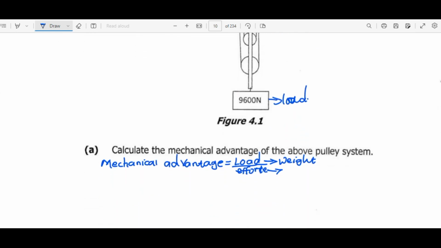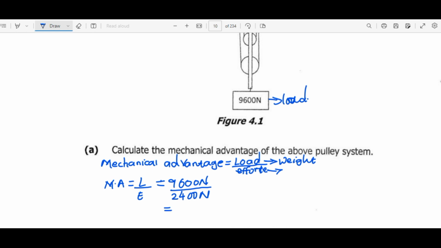In symbols, the symbol for mechanical advantage is MA, and it equals L divided by E. So the load is 9,600 newtons, and our effort is 2,400 newtons.